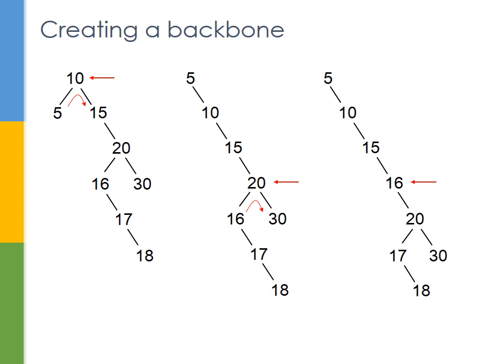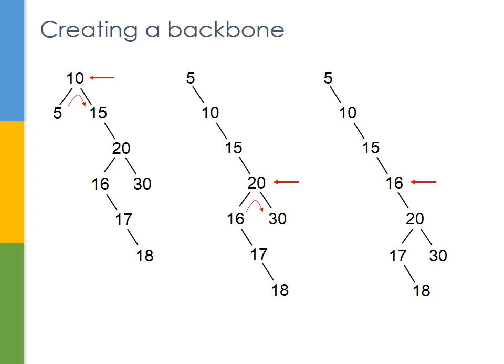But we see also that the node that has rotated up previously had a right branch containing the nodes 17 and 18, so these now need to become the left child of the old parent node that has been rotated down, in other words, node 20 in this case. Again, we then set our temp pointer to refer to the node that has just been rotated up. So this is node 16, and as you can see here, temp now refers to 16.